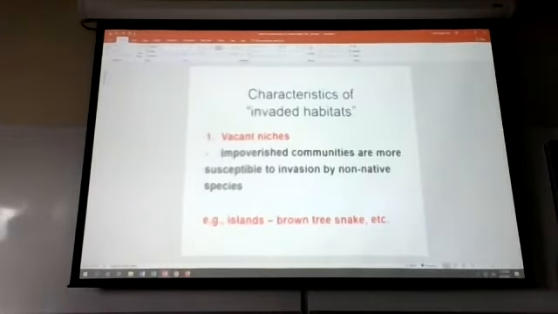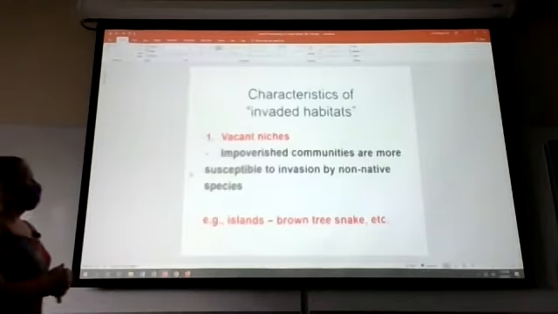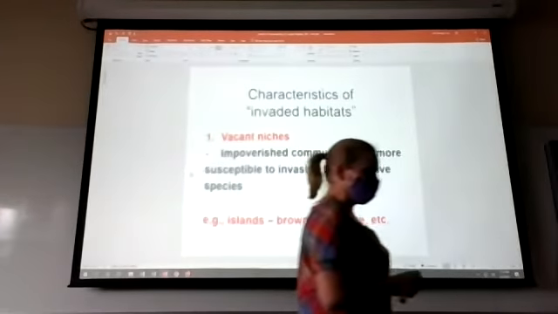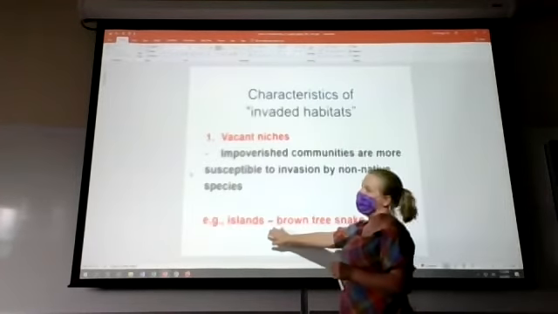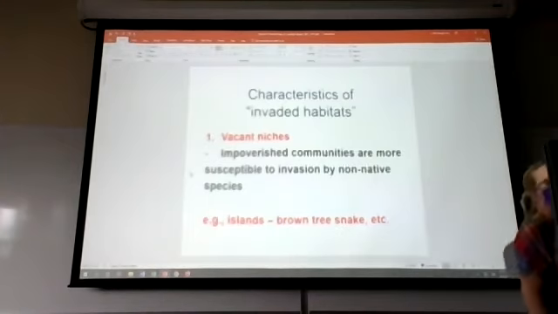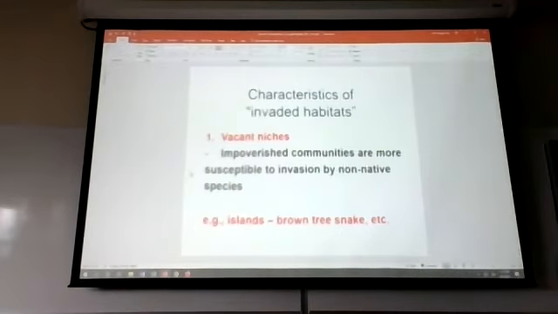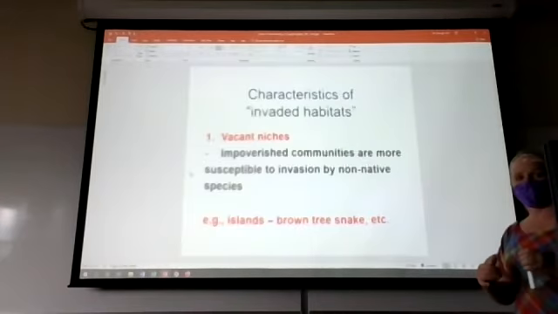Okay, so you might have vacant niches. There might be some areas where there's just not a lot of resources. For example, islands: Guam, as a territory, doesn't have any native snakes.